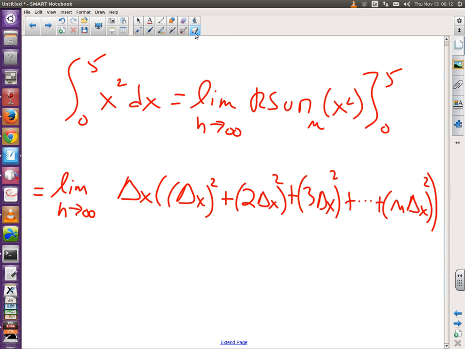Alrighty, so let's simplify stuff. Every term has a delta x squared in it, and we have a delta x here, right? Can we factor all that out? But what's left then? If you take out delta x squared here, and here, and here, what's left? 1 squared, 2 squared, 3 squared.